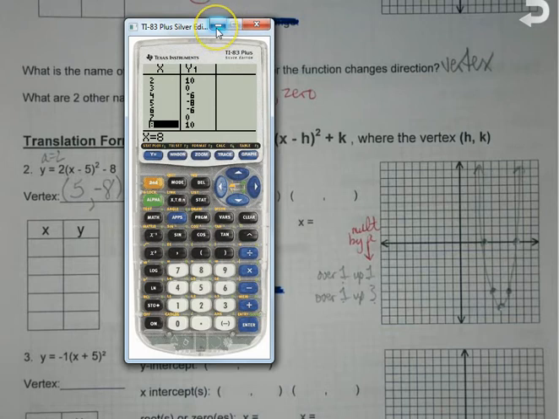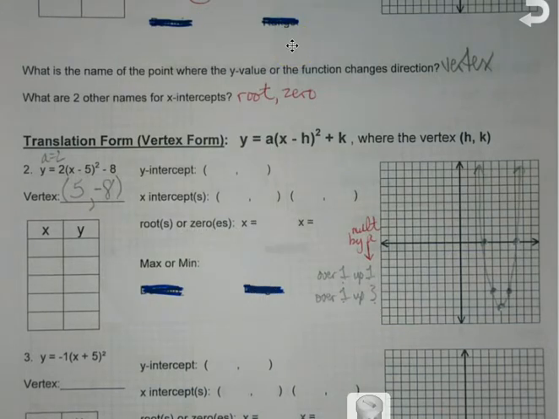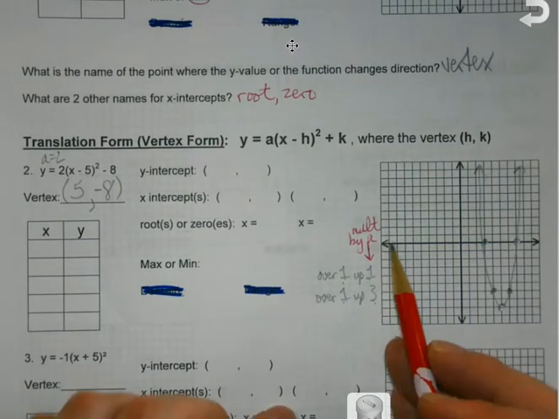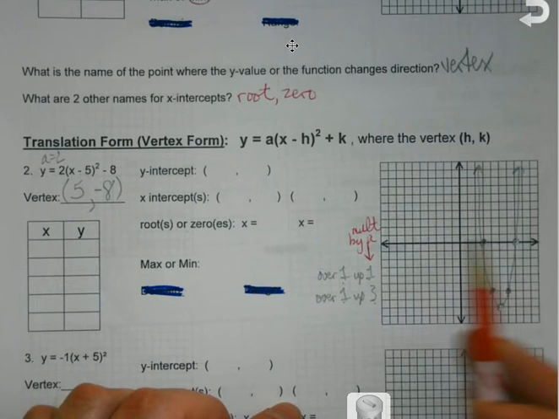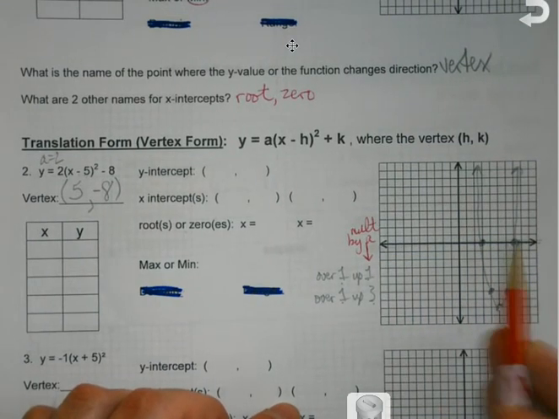Cool thing this time, now I don't notice my y-intercept. We'll come back to that in just a minute because there's an easy way to find that. My x-intercepts, where does my graph cross the x-axis at? What x values? Because there's 2 this time. What are my 2 x values here?